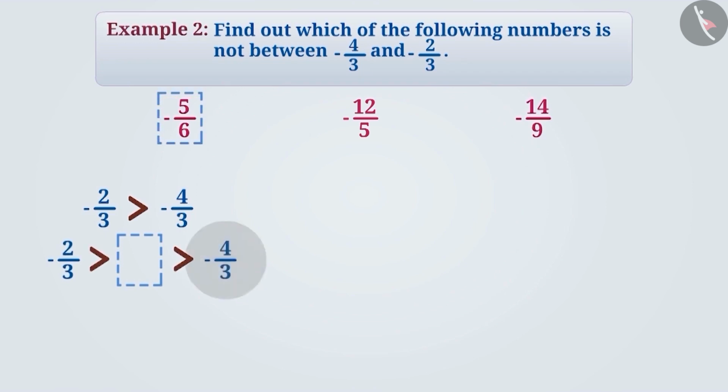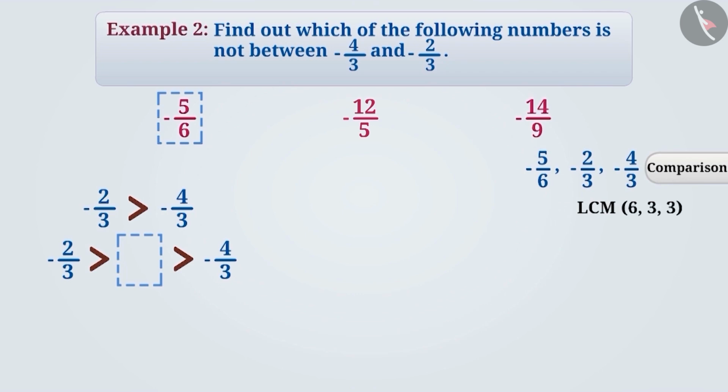To find out whether this number is between minus 4 by 3 and minus 2 by 3, we need to compare these three rational numbers for which we must make their denominators equal. To make the denominators equal, we use LCM. Here the LCM of denominators 6, 3 and 3 is 6, so we will make the denominator of all three rational numbers 6.